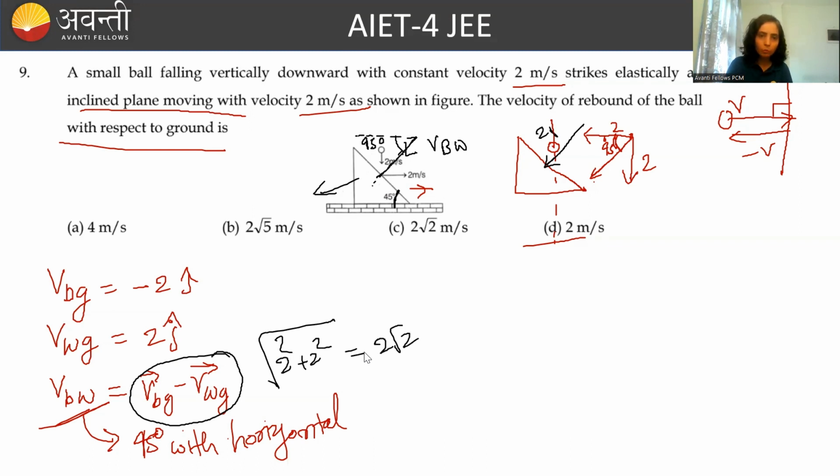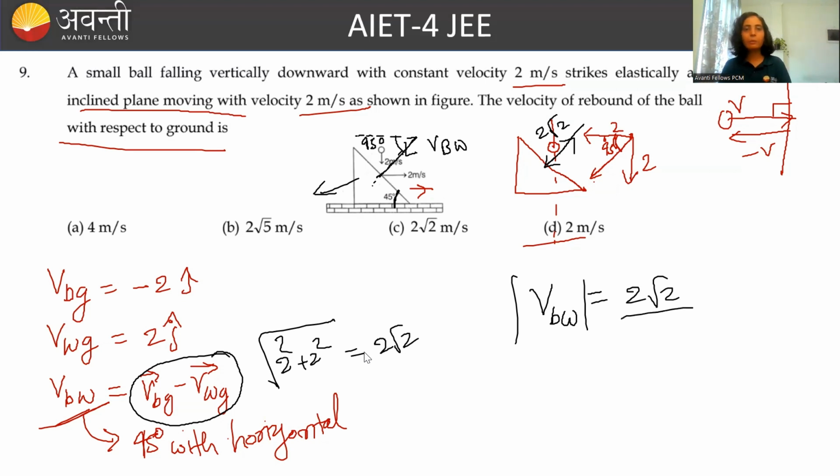So with 2 root 2 meter per second, it is striking the wedge in this direction. So it will go in this direction after reflection with the same velocity, 2 root 2. So the velocity of the ball with respect to the wedge after reflection is how much? 2 root 2 in magnitude, and the direction will be perpendicular, away from the wedge, right?